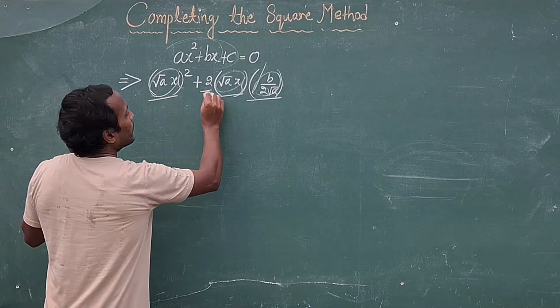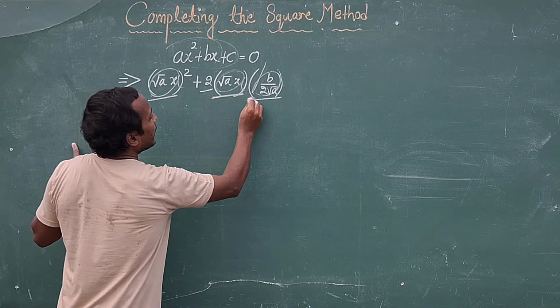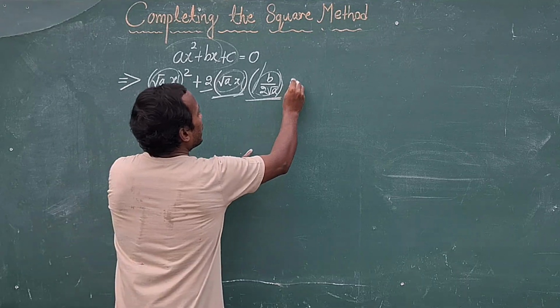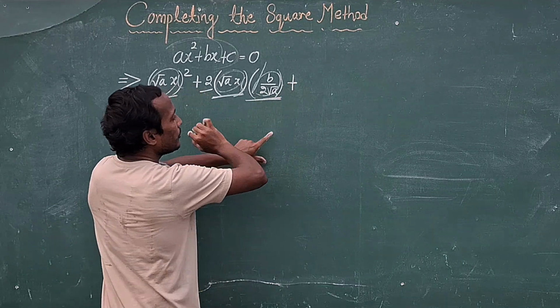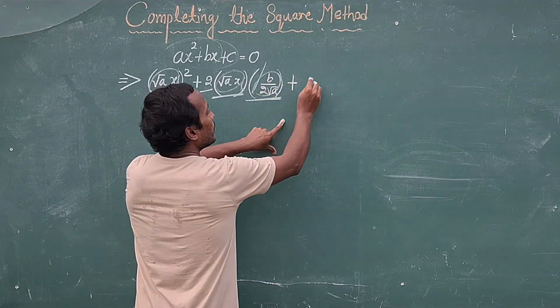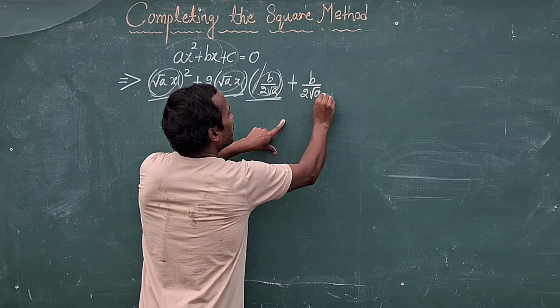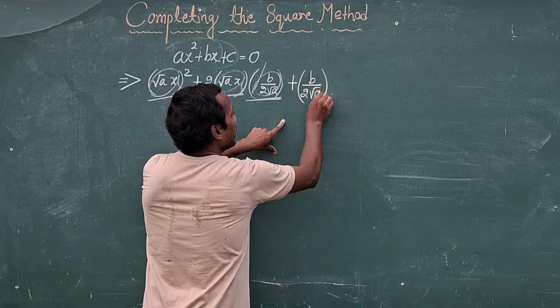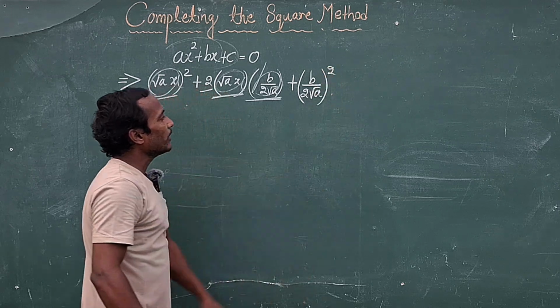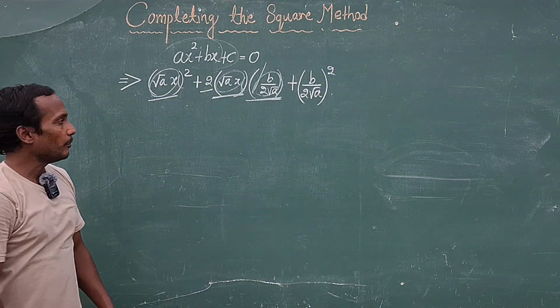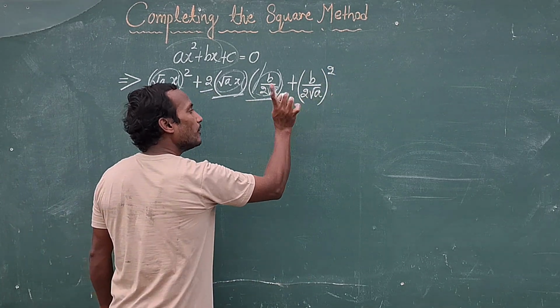a square plus 2ab plus b square. Who is b? b by 2 root a is playing the role of b. b by 2 root a square. I added it there because b by 2 root a is playing the role of b.